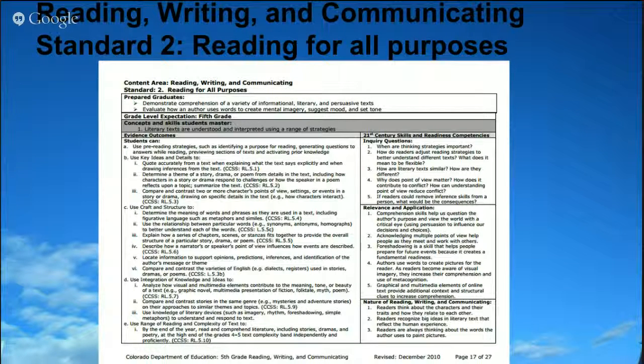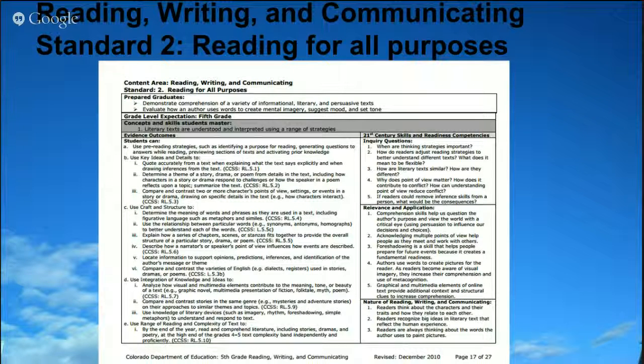In this state standard evaluation sheet, you'll see in the left-hand column letters A, B, C, D, and E. These are the strategies that the students are evaluated on in the classroom to prove that they can read different kinds of text. A says that the students use pre-reading strategies to understand how to read, generate questions, preview sections of text, and activate any prior knowledge about whatever the topic is they're going to read about.